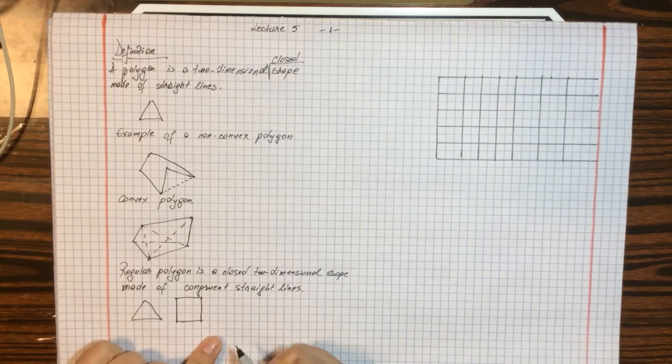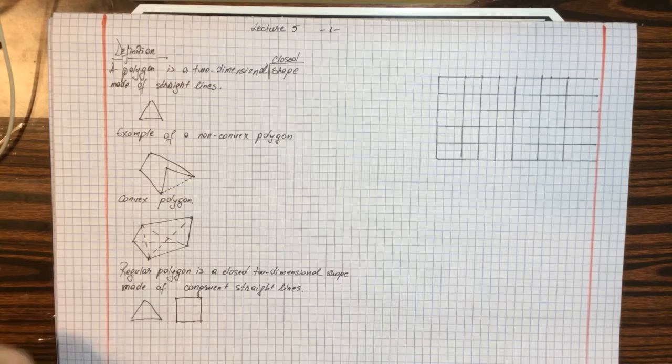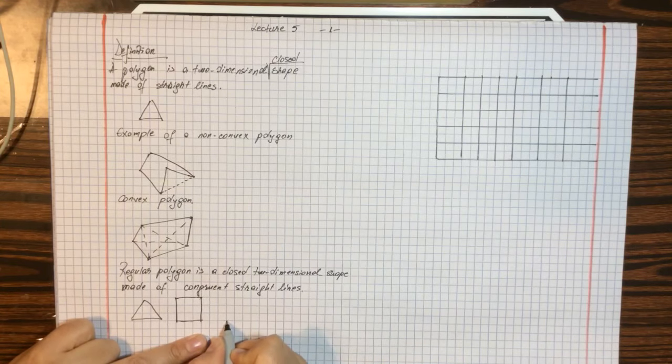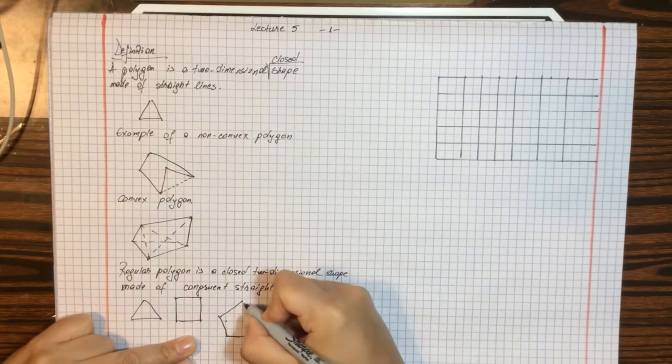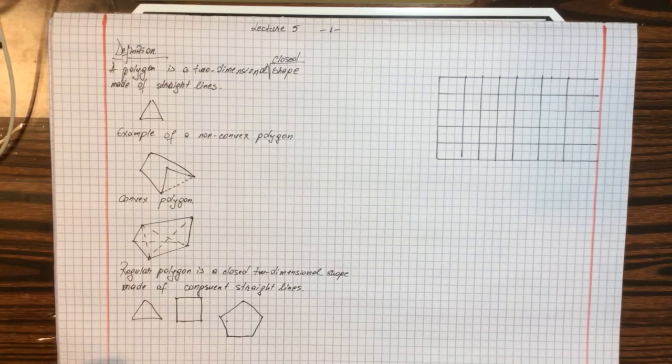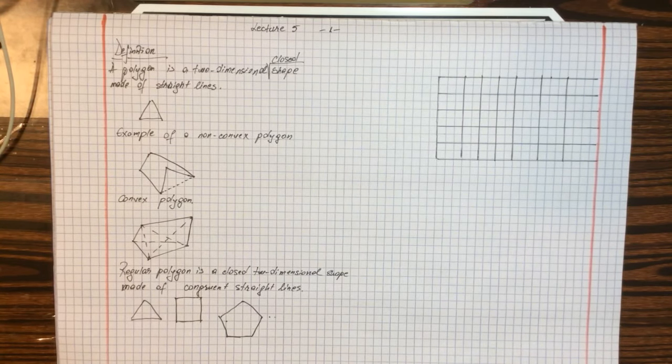The next shape after the square is the so-called pentagon, made of 5 congruent or equal sides, and it looks something like this. And then the next shape would be one with 6 sides, and that is called the hexagon, and it looks something like this.